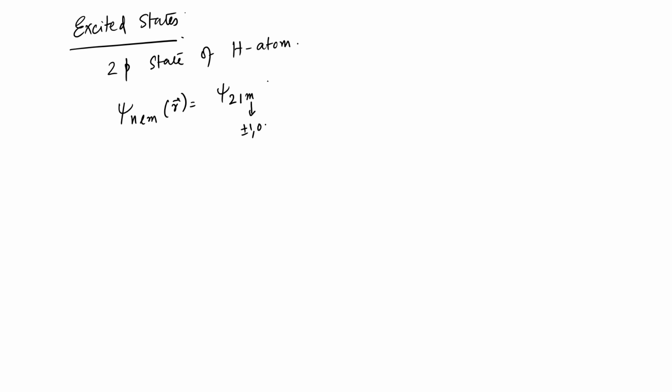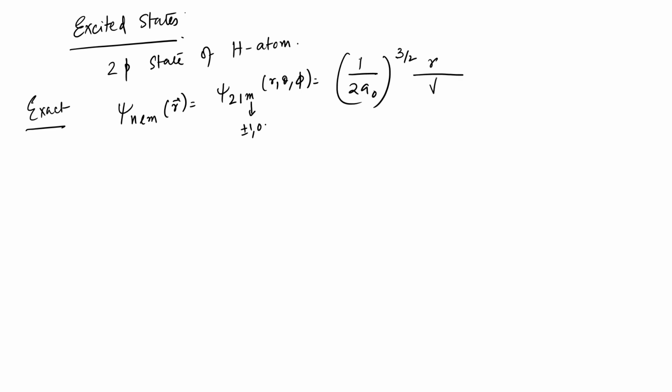So, this function of r, theta, phi is equal to 1 over 2 a 0, to the power 3 by 2, times r divided by root 3 a 0, times e to the power minus r over 2 a 0, and then there is a Y l m.